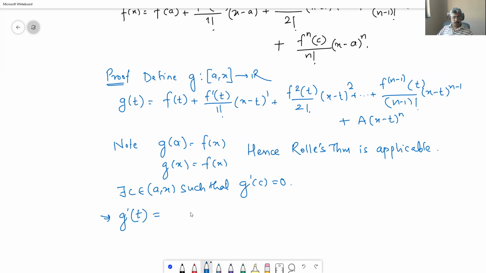With respect to t, we are supposed to differentiate. So if we differentiate the first term, it will be f dash of t plus, if we differentiate the second term, this is the product of two terms, therefore keeping the second term constant, we get second derivative evaluated at t upon 1 factorial times x minus t raised to 1, plus, now I will not write plus because the derivative of this is going to be minus 1 and this term as it is.